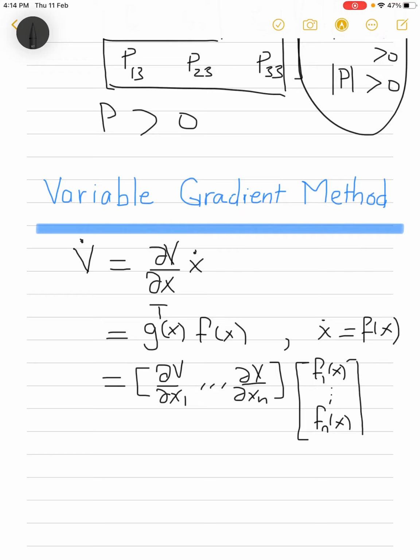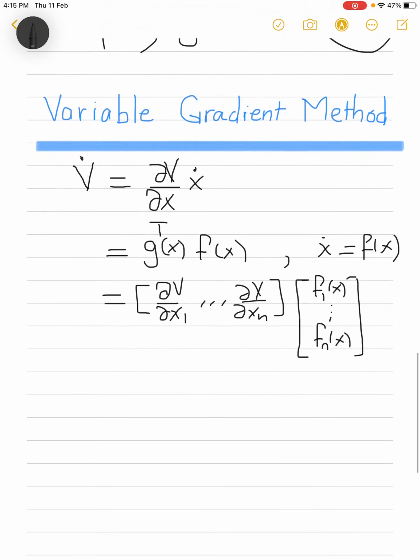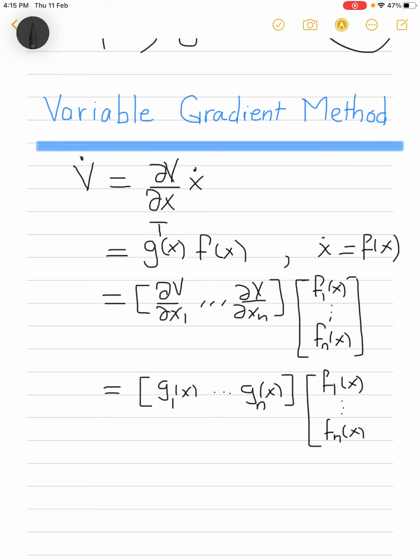Of course, I'm assuming here that x belongs to a real domain of dimension n. So we call this g1 of x up to gn of x, and that multiplies f1 of x up to fn of x.